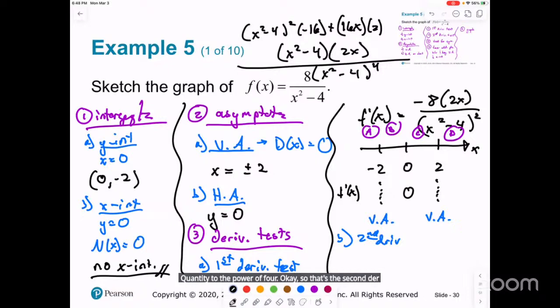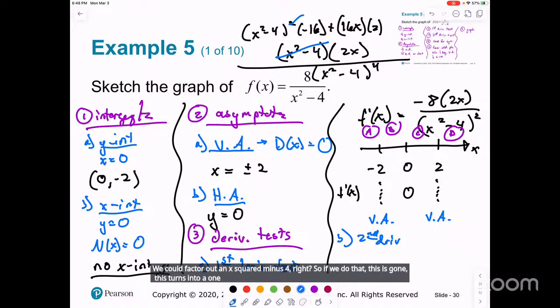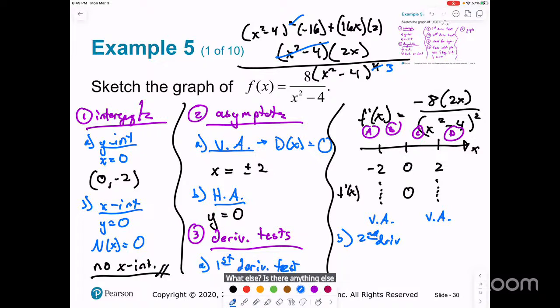Let me think if I can clean this up. We could factor out an x squared minus 4, right? So if we do that, this is gone. This turns into a 1. This turns into a 3. What else? Does anything else cancel? Okay, that's gone. We can combine those.